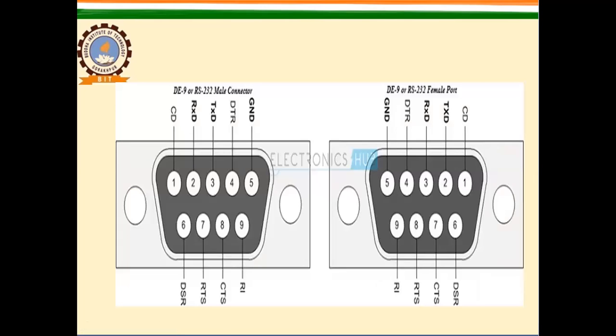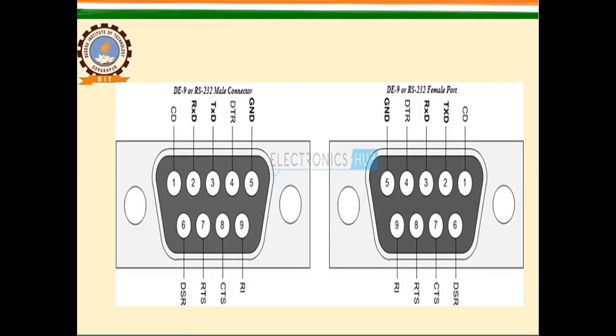So these are the basic diagrams of male and female connectors. The numbering sequence is different in male and female connectors, and the sequence of signals is also changed, which you can easily differentiate when you see the male and female connectors.